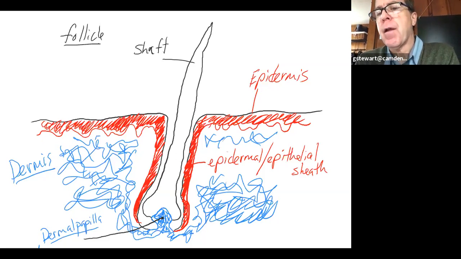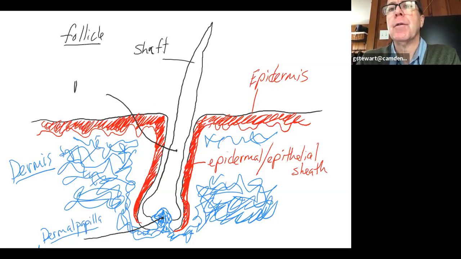The part of the hair below the surface of the skin, right here, we call the hair root. And finally, the portion way down here at the base is called the hair bulb, B-U-L-B, and you can see why, because it's bulb shaped.